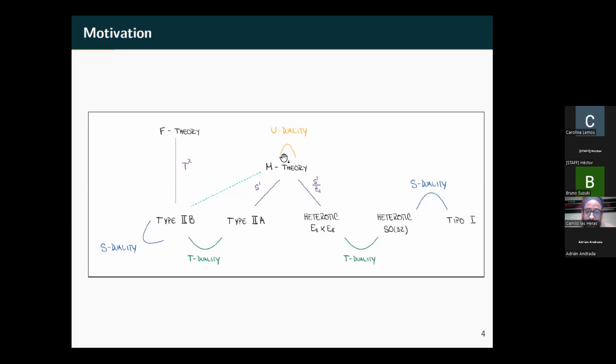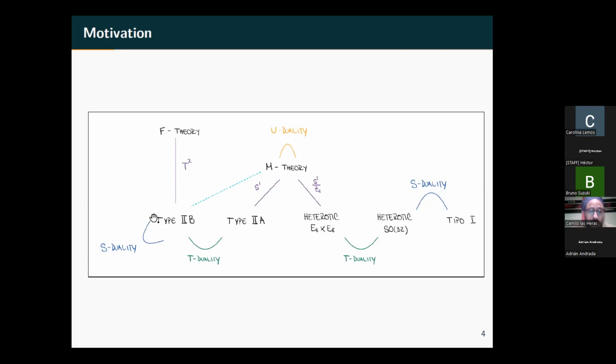Something important to mention is that M theory is a theory in 11 dimensions, but when it is compactified on a circle, it can be understood as dual to type 2a string theory, okay? And type 2a string theory on a circle is T-dual to type 2b string theory on a circle. Therefore, it looks like M theory on a torus is supposed to be able to reproduce type 2b string theory, okay?